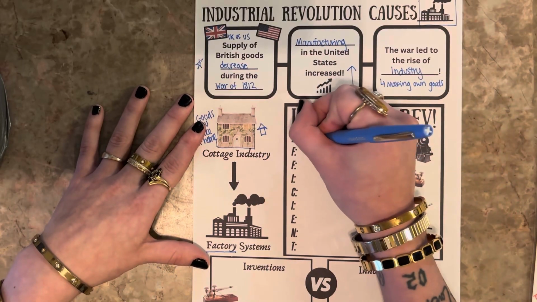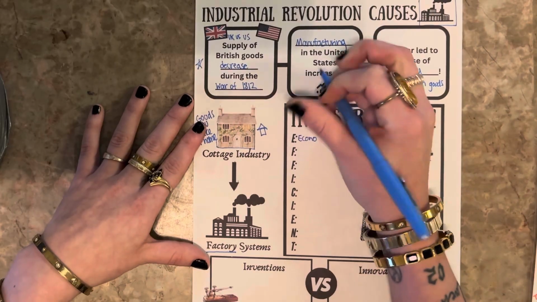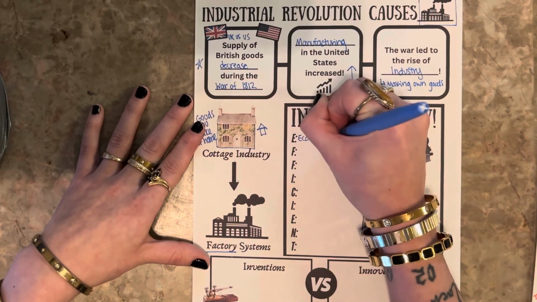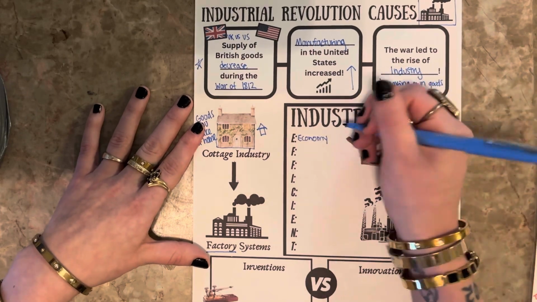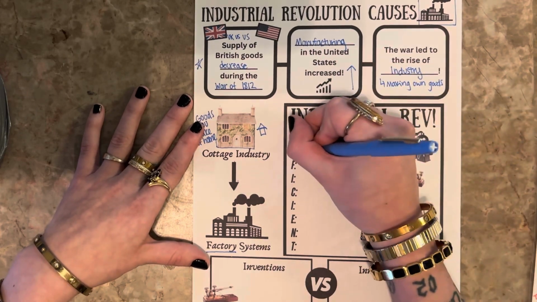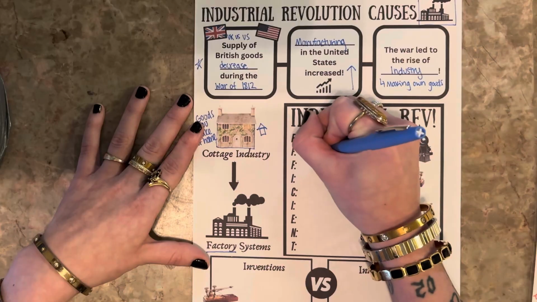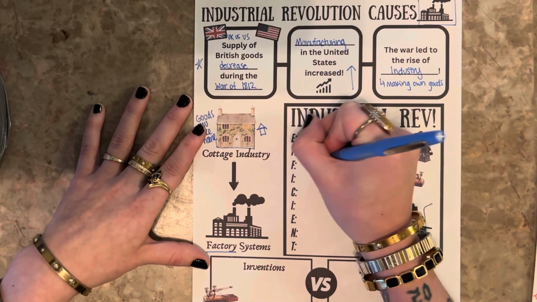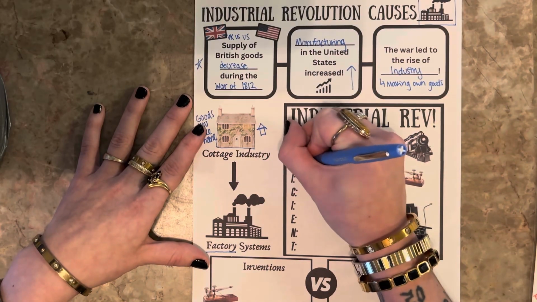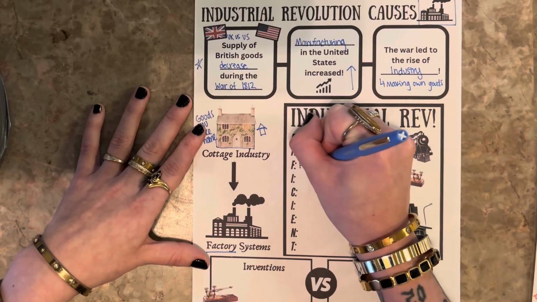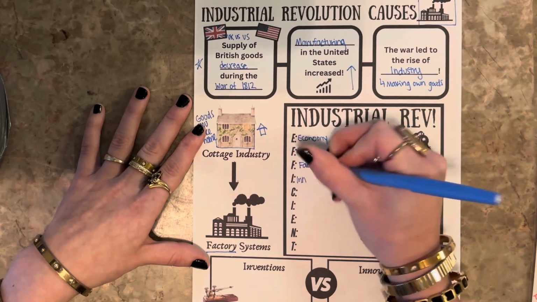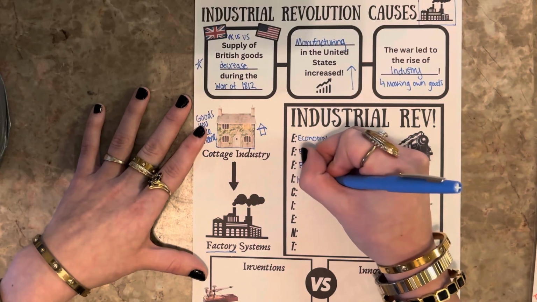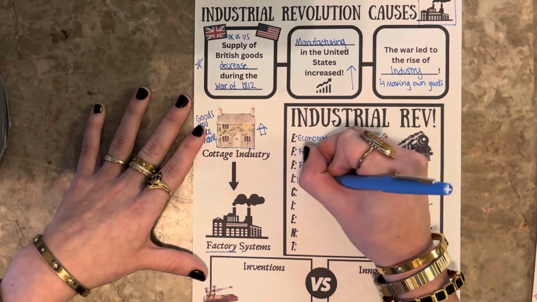First up, the economy, right? All of these things are going to increase during the Industrial Revolution. So we have economy, and making goods will become faster. We will have many factories. We will see a lot of innovation, and we're about to talk about the difference between innovation and inventions.